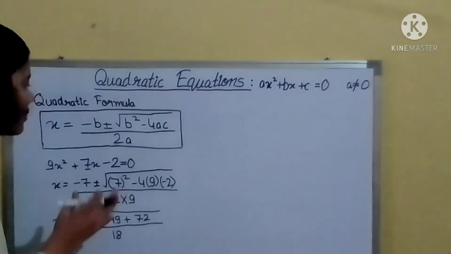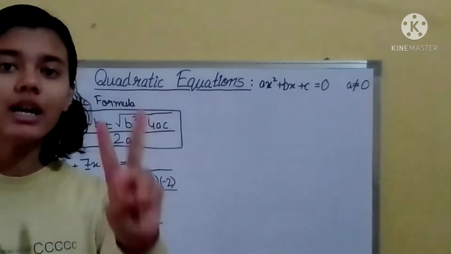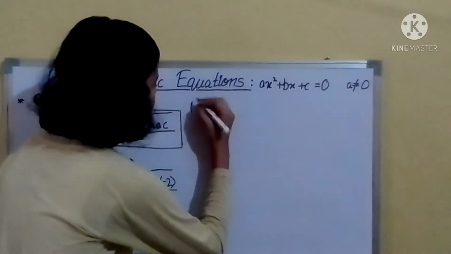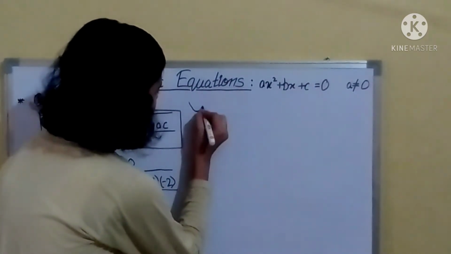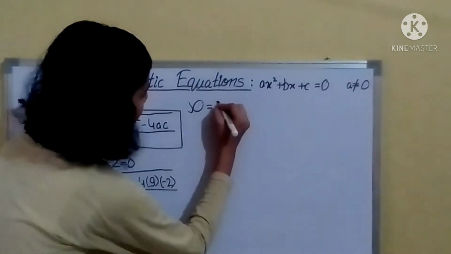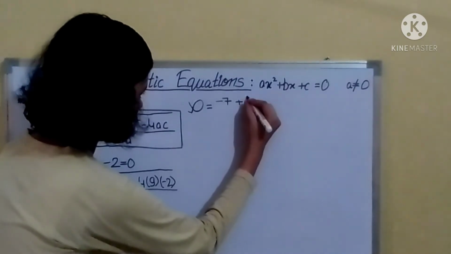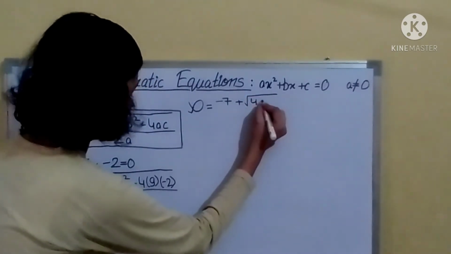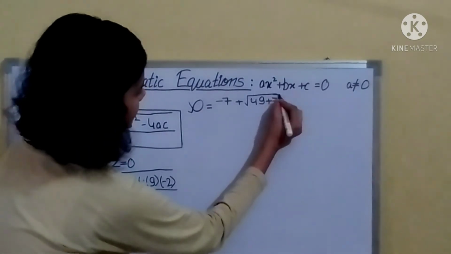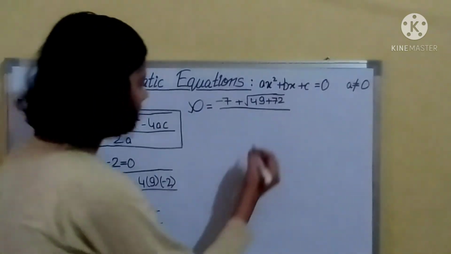Okay. Now what we learned is that in a quadratic equation there are 2 roots, means 2 zeros. So first root is alpha and alpha value is minus 7 plus root 49 plus 72 upon 18.